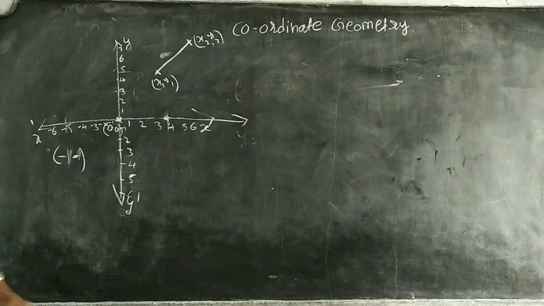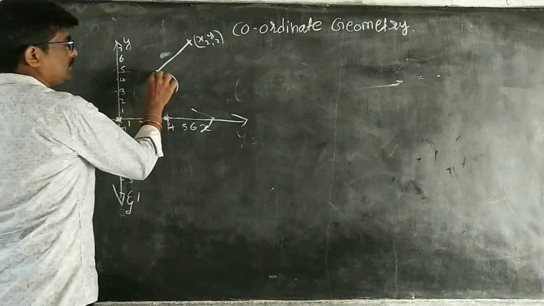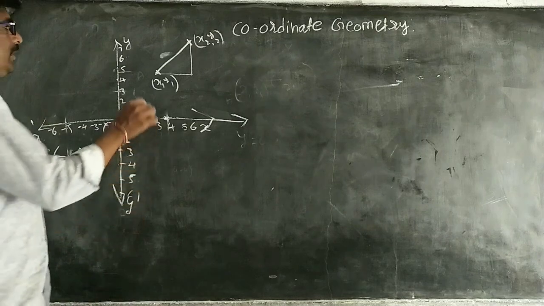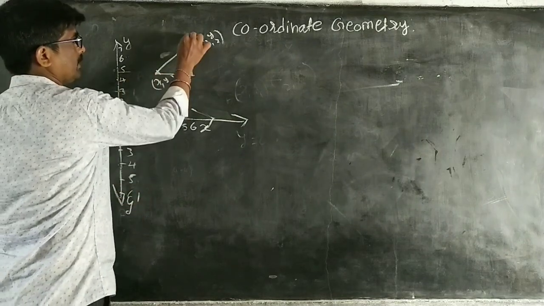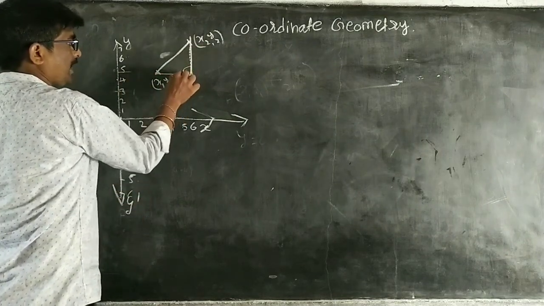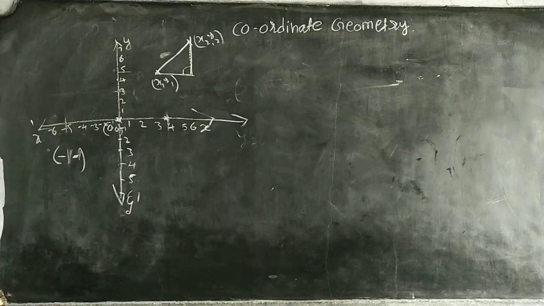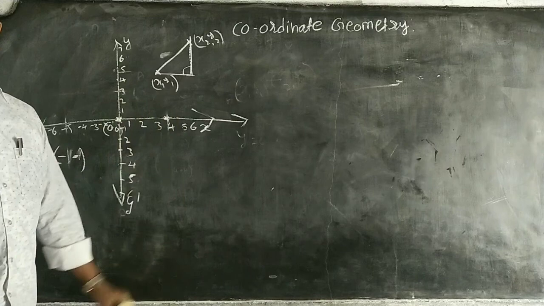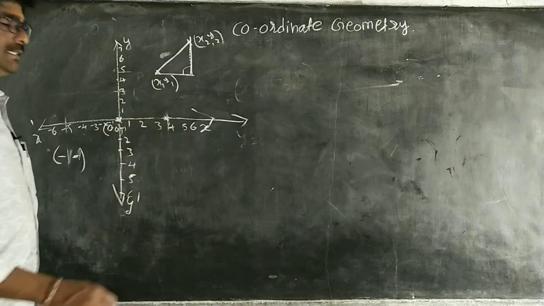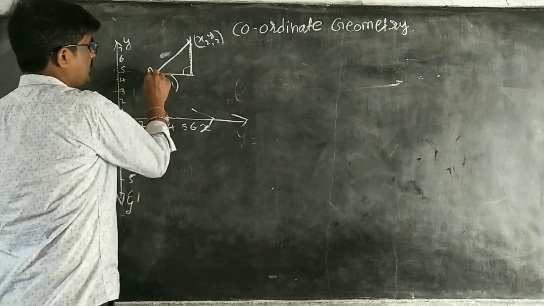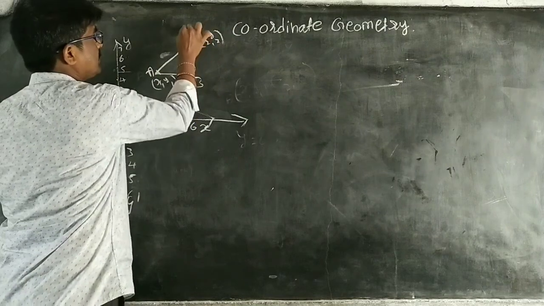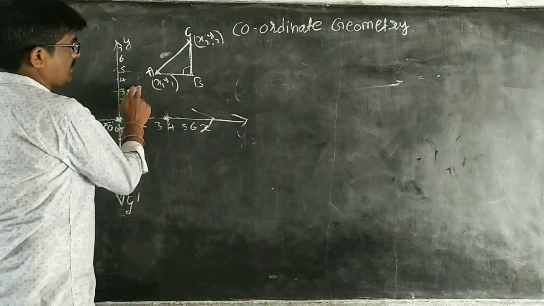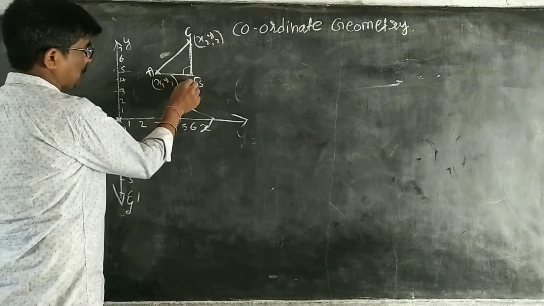How do we find it? Here draw lines A, B. So this will form a right angle triangle. Now I am going to apply the Pythagoras theorem. So this is A, this is B, this is C. From here to here, how much distance? Observe.